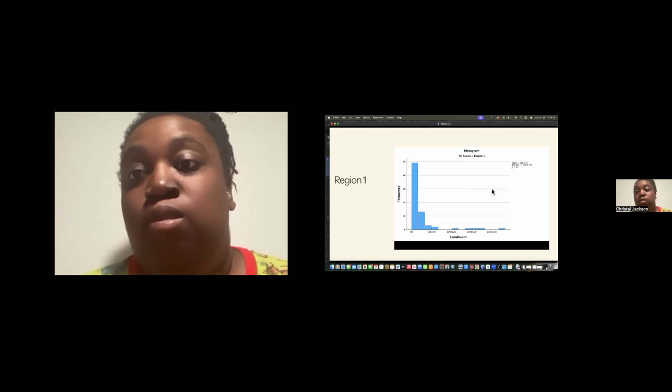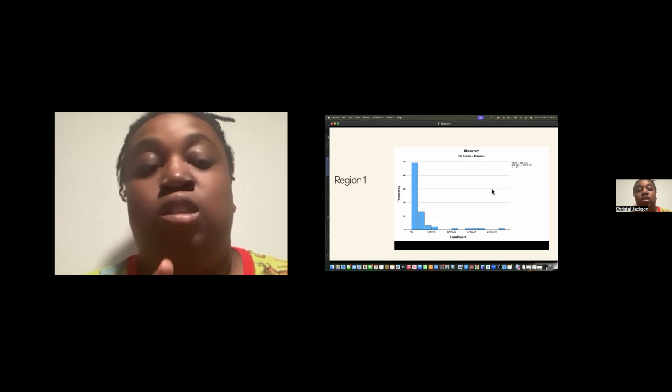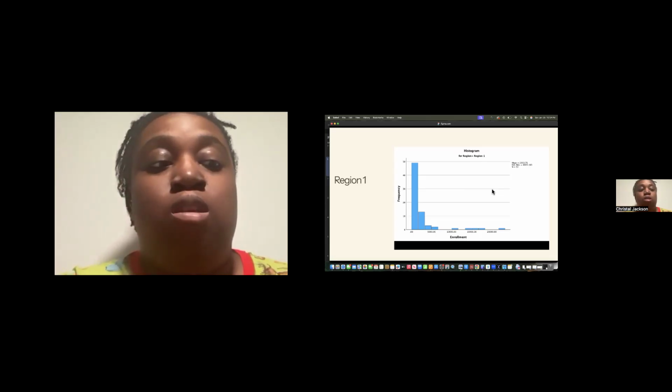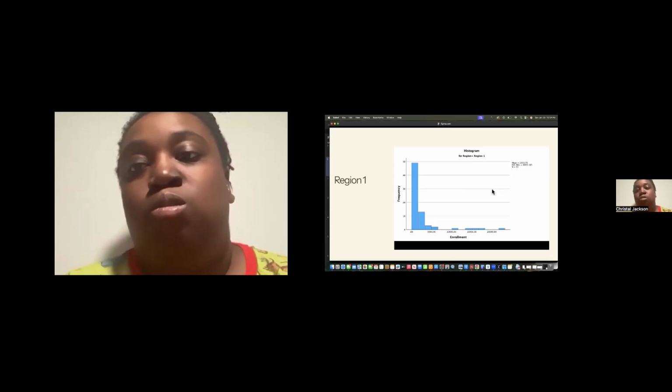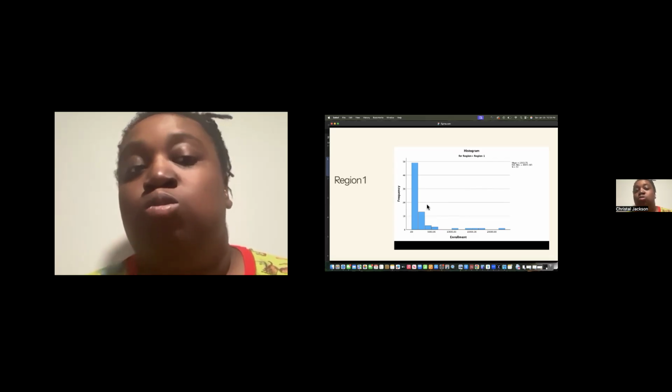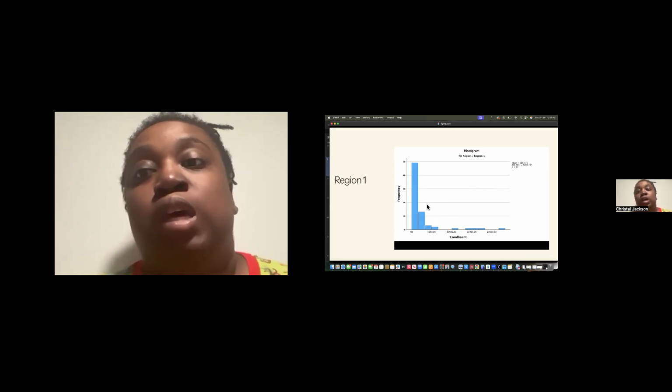What I've noticed by visual inspection is that the data is not normally distributed, especially in Region 1. The data in Region 1 has a positive skew, meaning that most of the data is focused at the lower values, and there are also some extreme outliers. This indicates that the districts within the region are not the same size.